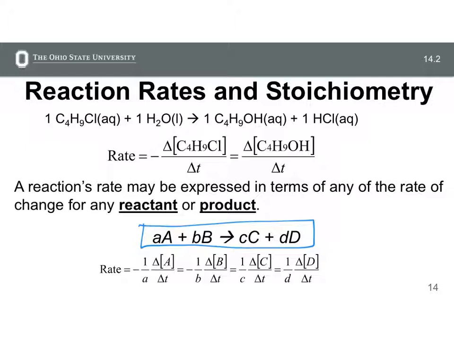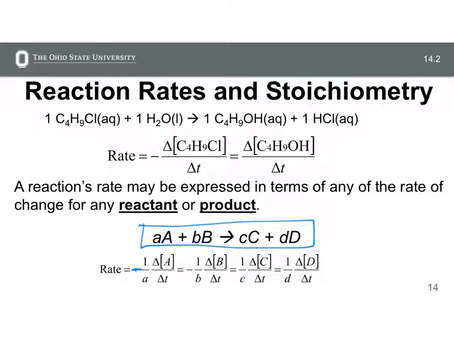The rate with respect to reactant A is going to be minus 1 over the stoichiometric coefficient times the change in concentration of A over the change in time. So it's always going to be 1 over the stoichiometric coefficient. That's the way to remember that.